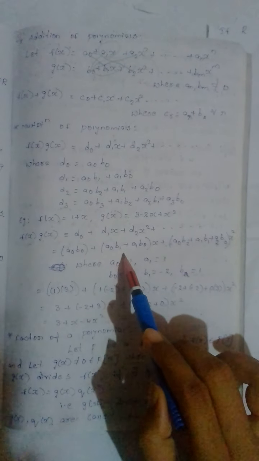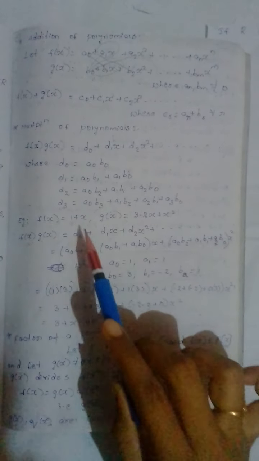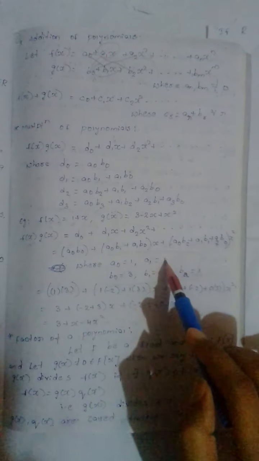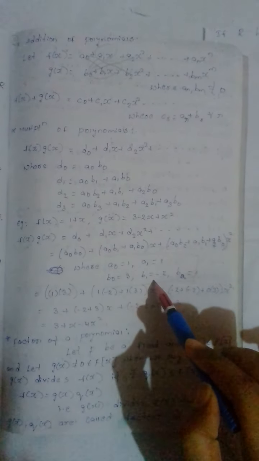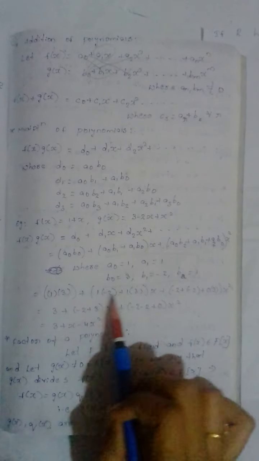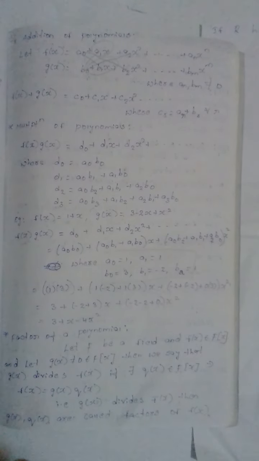Here we wrote the values: a naught is 1, a1 is 1, b naught is 3, b1 is minus 2 and b2 is the coefficient value of x square. Now after multiplying we will get some polynomial, that will be the product polynomial.